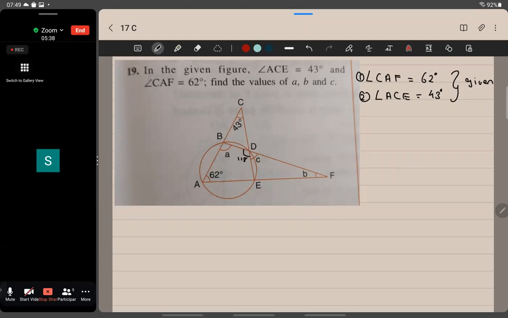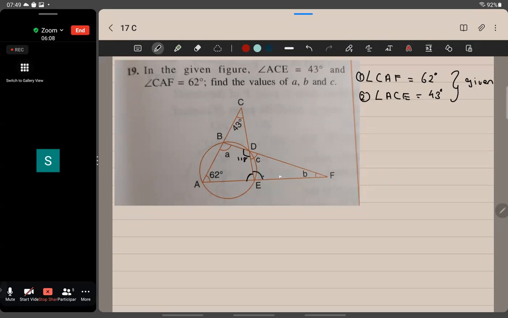After finding C, what else can I do? By triangle property, I can find this angle, angle sum property, say, of ACE. And then by linear pair, I can find this.